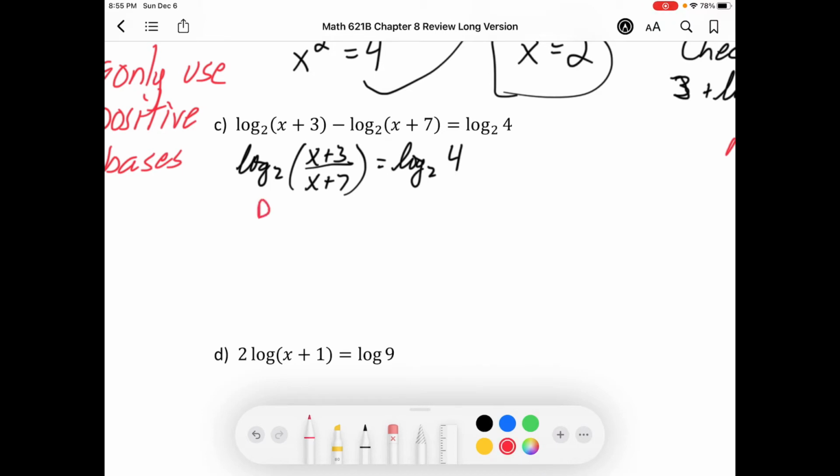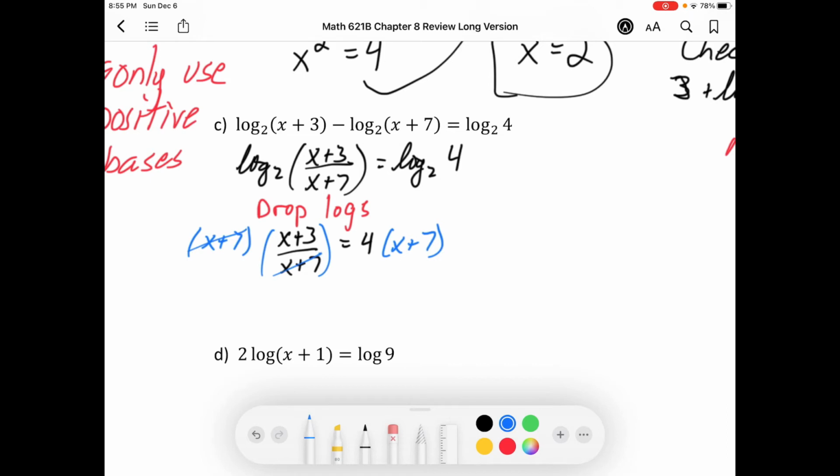We can drop the log terms here. So that gives us x plus 3 over x plus 7 equals 4. That looks a little bit miserable, but we can deal with the fractions fairly easily. Just times both sides by x plus 7. That'll cross them out on the left. We'll get x plus 3 equals 4x plus 28.